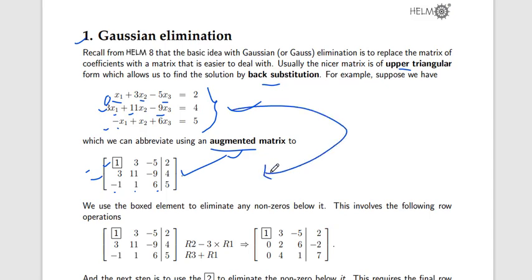Now, how do we transform this augmented matrix into upper triangular form? We already talked about this. What is an upper triangular matrix? It is a matrix in which the values below the diagonal are always 0. This is the diagonal: 1, 11 and 6, and below the diagonal all values should be 0.